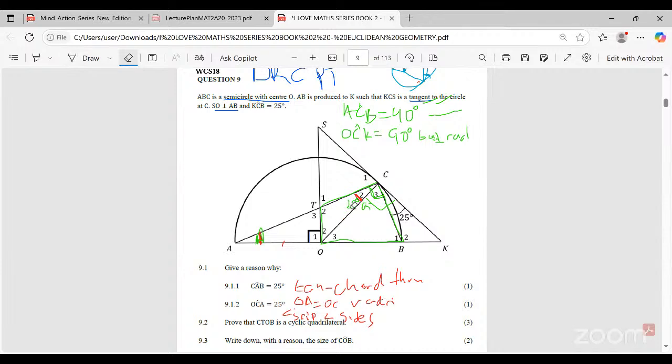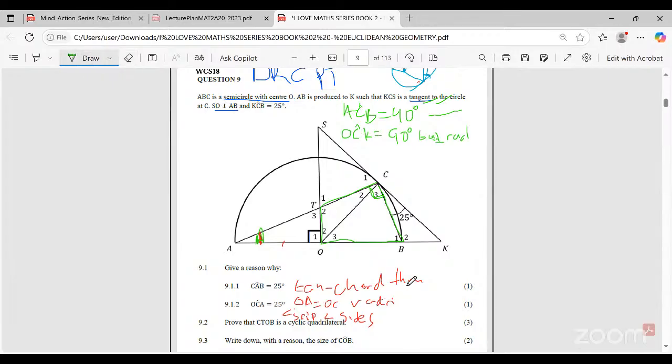Look, what is the size of TCB? 90 degrees, sir. Yes, TCB is 90 degrees, we've said that. And what is the size of TOB? It's 90 degrees, sir. Exactly. So when you take TOB and TCB, don't they give us 180 degrees as they are opposite angles in this quadrilateral?